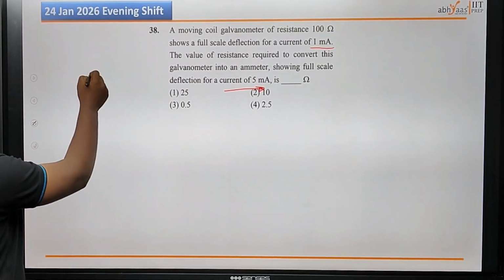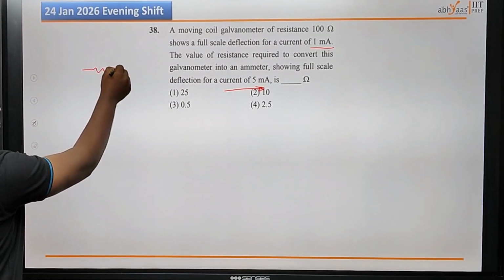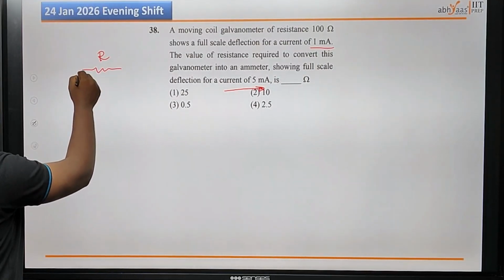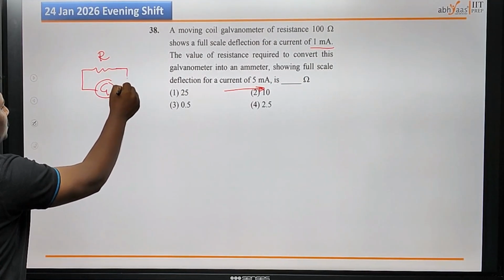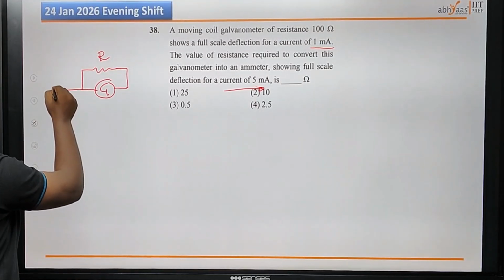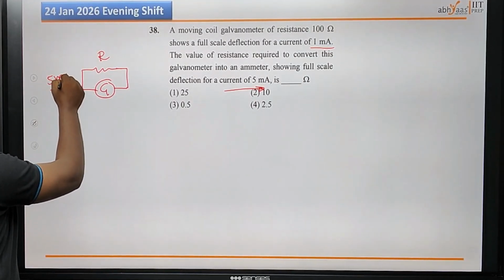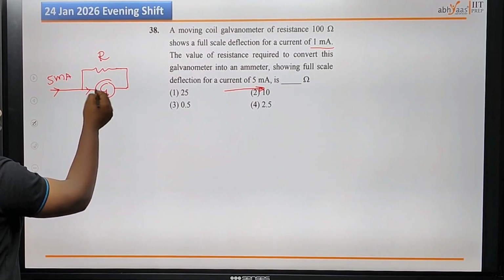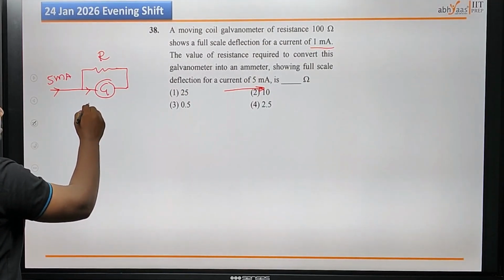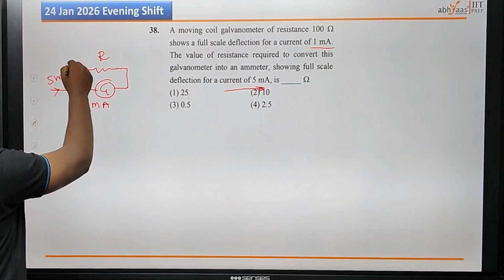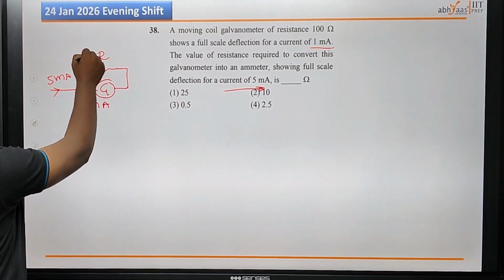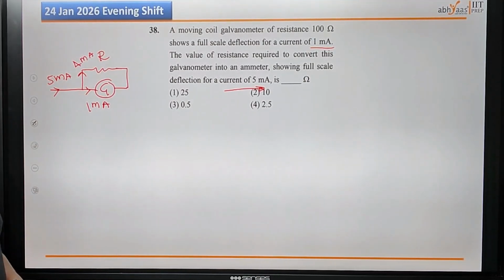So for an ammeter you have to connect a resistance R in parallel to the galvanometer. This is your condition, which is taking 5 milliamperes. You just need 1 milliampere through the galvanometer and the remaining 4 milliamperes through R. So you have to find the required resistance.